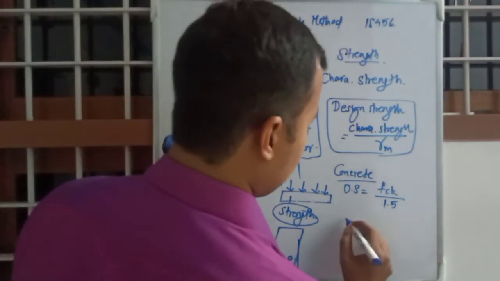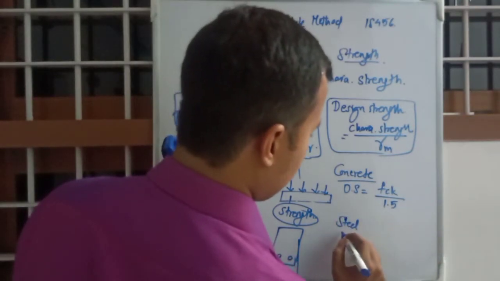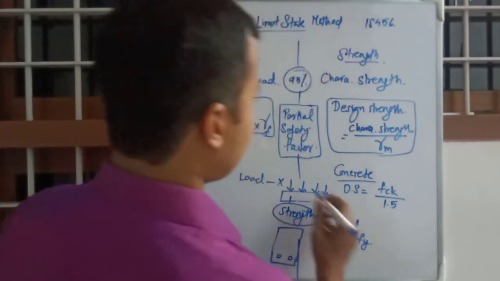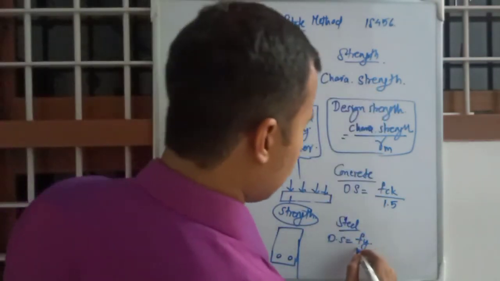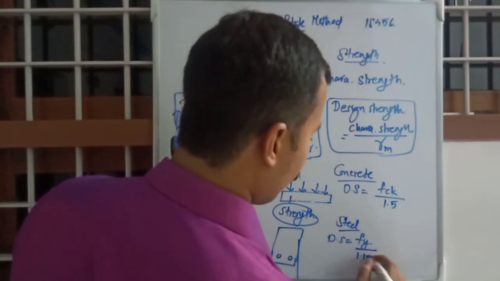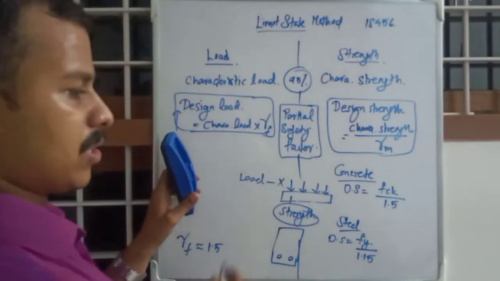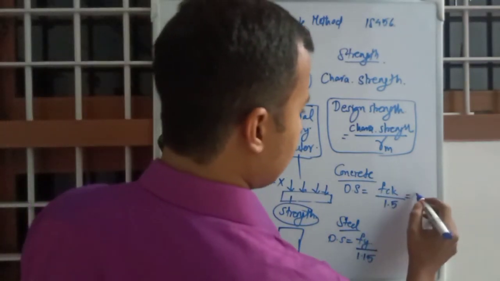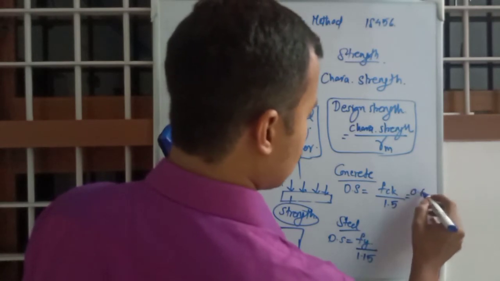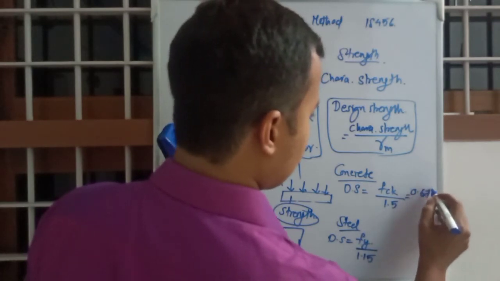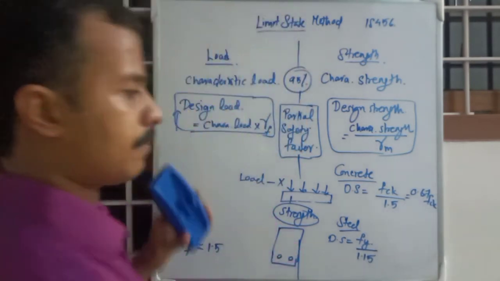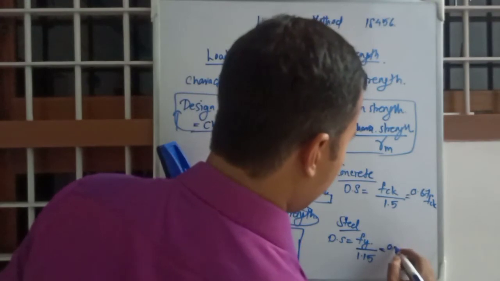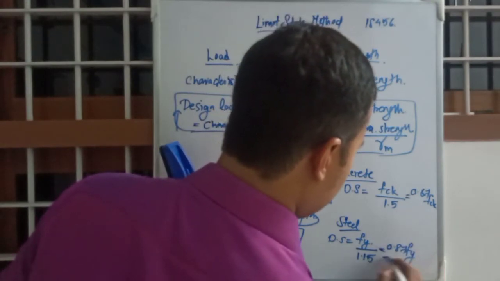And for steel, design strength is equal to Fy, the characteristic strength of steel, divided by 1.15. 1.15 is the partial safety factor of steel. So for FCK you will get 0.67 FCK, and you will get 0.87 Fy.